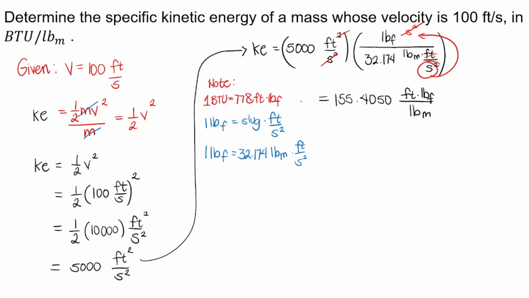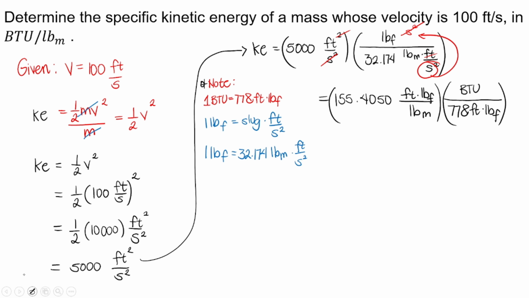Kailangan na lang natin i-convert itong foot-pounds of force to BTU. And we can use this conversion. Kailangan lang i-memorize at tandaan. Take note that 1 BTU is equal to 778 foot-pounds of force. So, multiplying that, converting the unit, 1 BTU is equal to 778 foot-pounds of force.